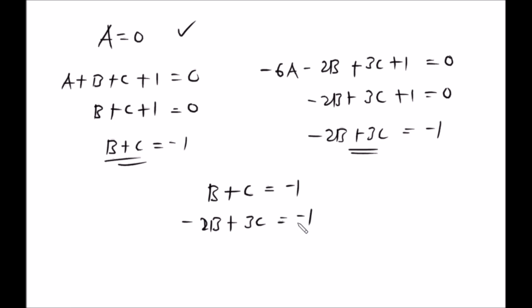Na huyu. So tulisoma simultaneous equation form 1. Kwa hiyo tunajua hapa b tutakuja kupata ni ngapi? -2/5. Alafu c tutakuja kupata ni ngapi? -3/5.